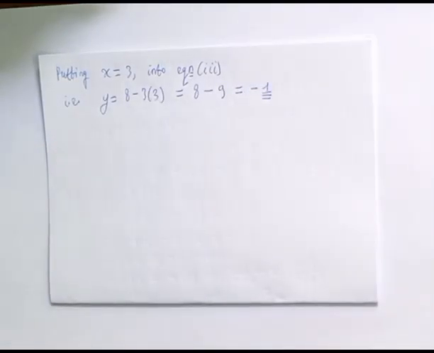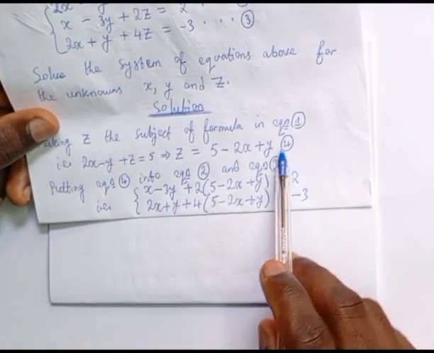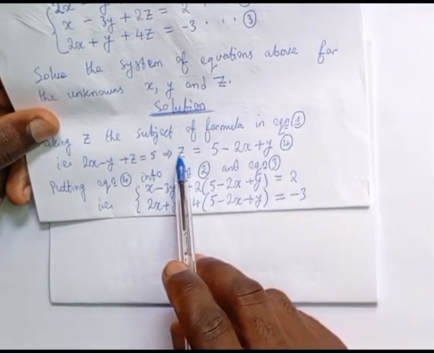Knowing the value of y, it is very easy for us to find z. Remember, we know the value of x, we know the value of y. Now we have to find z. For us to find z, we are going to make good use of equation 4, because in equation 4, z is already the subject of formula.